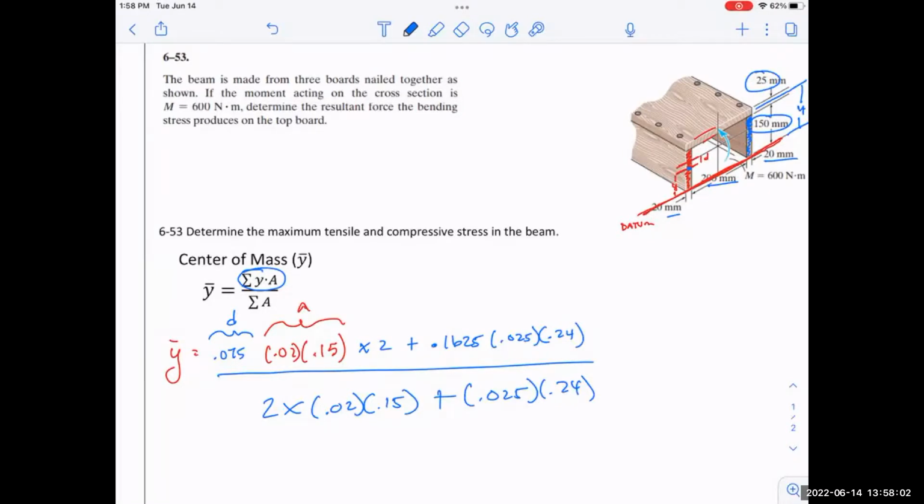Now, I'm looking over at my notes, and I did this in millimeters. So maybe I converted it later. Maybe I didn't need to convert it. I'm not really sure, but I'm going to go ahead and punch this in because I don't see any other way. 0.075.